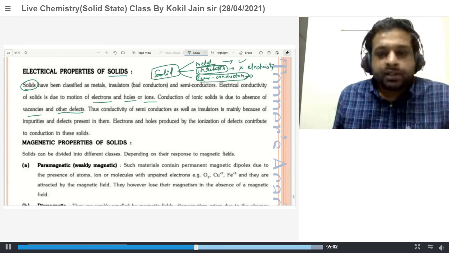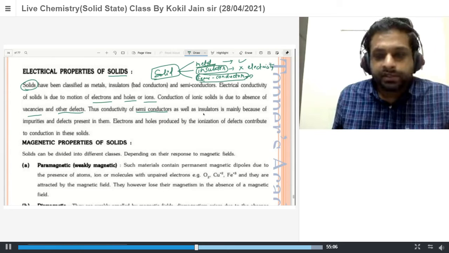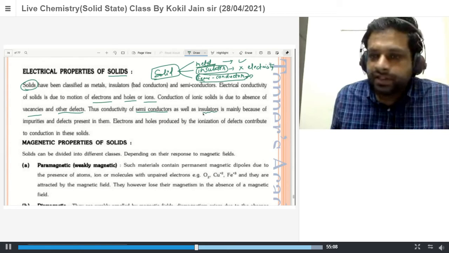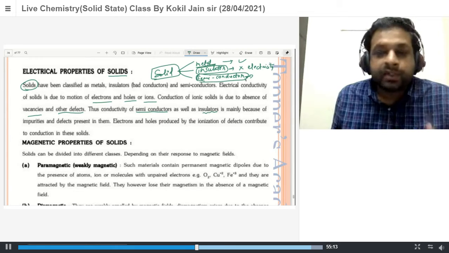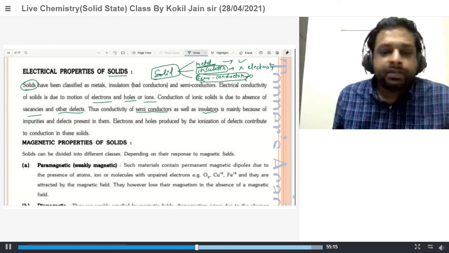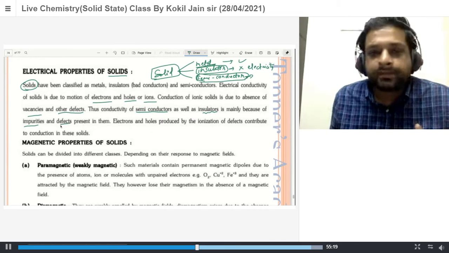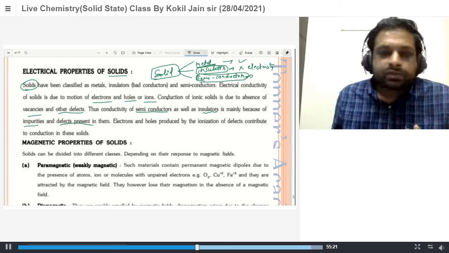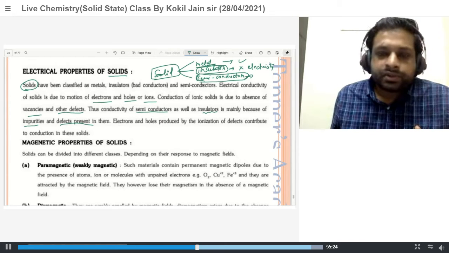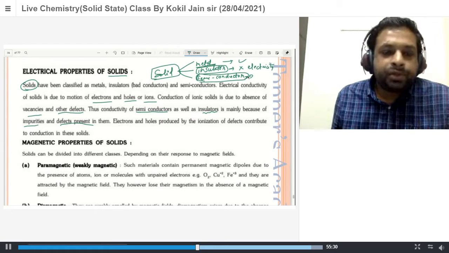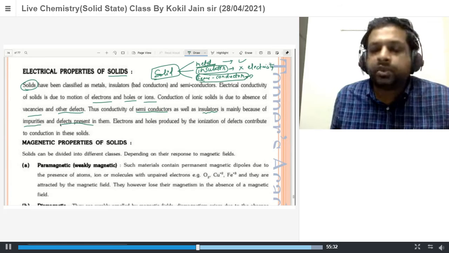Third is conductivity of a semiconductor or an insulator. We can see conductivity in semiconductors as well, but that could happen because of impurities or defects present in them only. Understood, everyone? They can show the conductivity, but due to the impurities or defects present in them only.